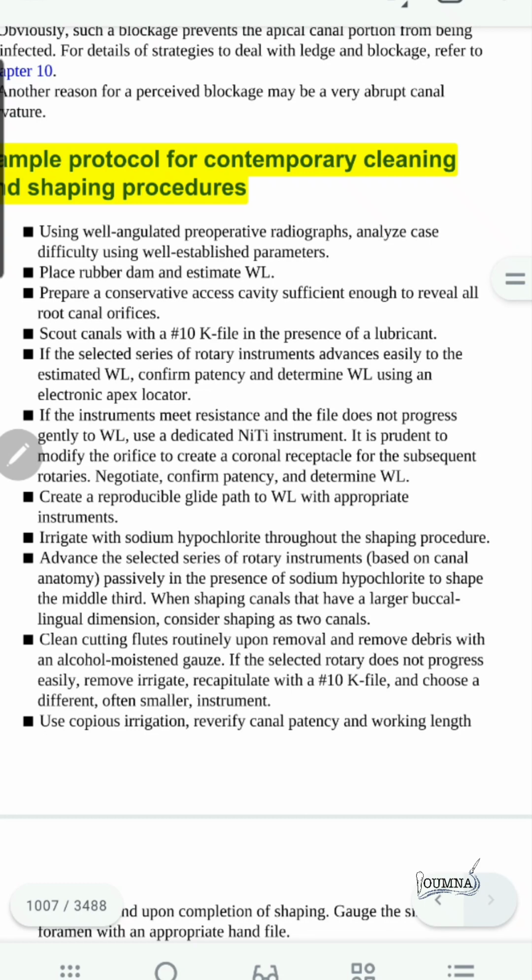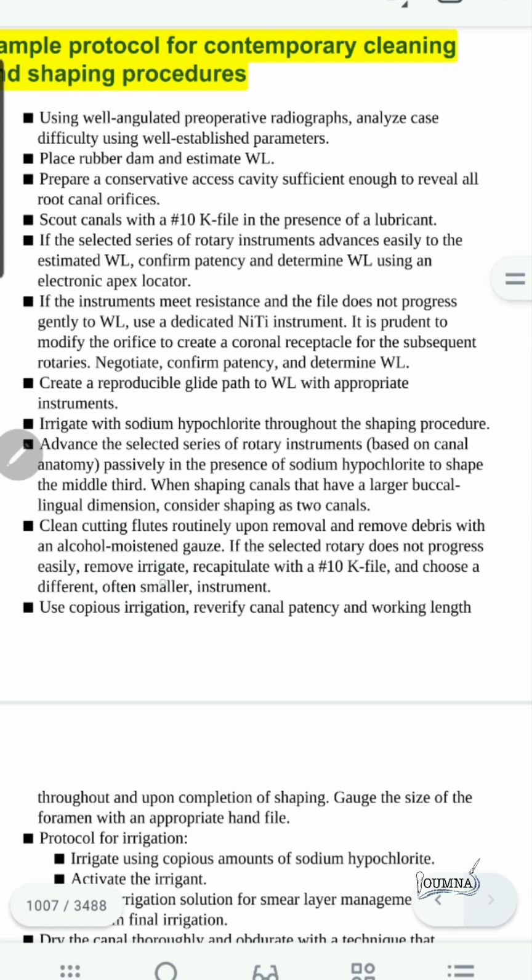Irrigate with sodium hypochlorite throughout the shaping procedure. Advance the selected series of rotary instruments passively in the presence of sodium hypochlorite to shape the middle third. When shaping canals that have larger buccal dimension, clean the files using an alcohol moistened gauze.